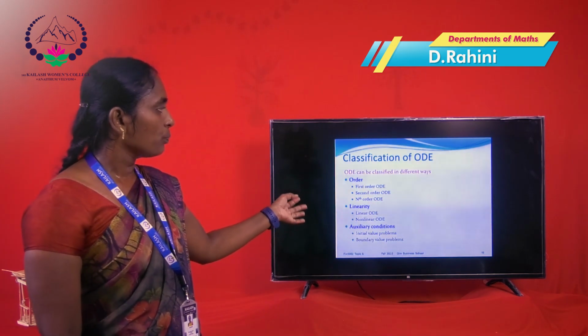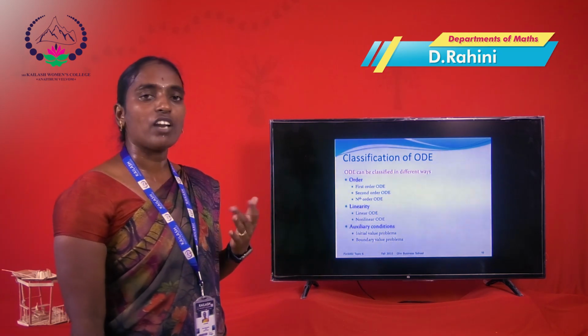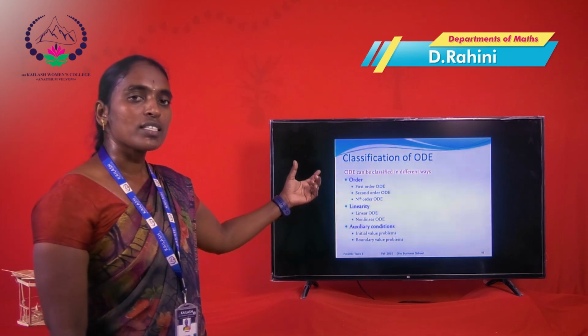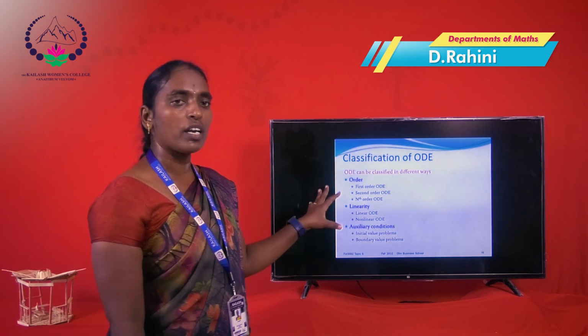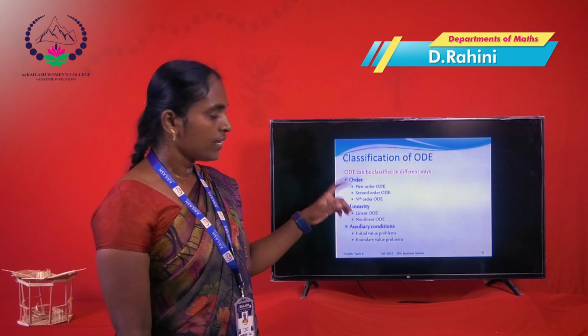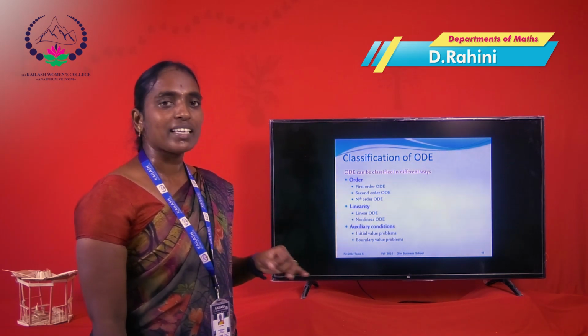Next I will tell you classifications of ODE. In ODE we have a lot of classifications in different ways. Here I will give you some classifications of ODE. First one, order. In order we have three types: first order ODE, second order ODE, nth order ODE. So next one is linearity.